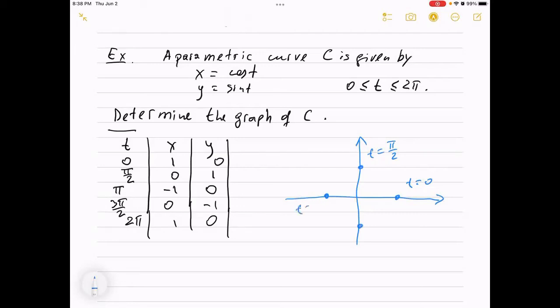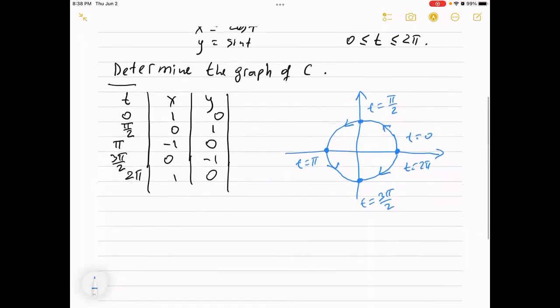And at t equals 2 pi, we're back where we started, at the point where x equals 1, y equals 0. We connect consecutive points, from t equals 0 to pi over 2, from pi over 2 to pi, from pi to 3 pi over 2, and that's what we got. We also notice the direction in which we're going along this curve.